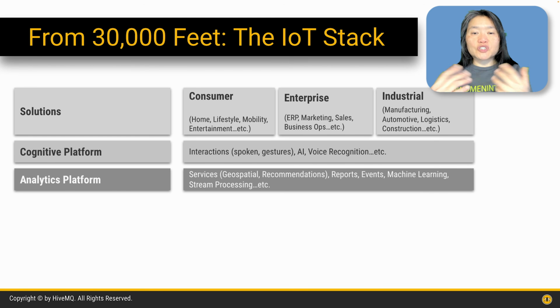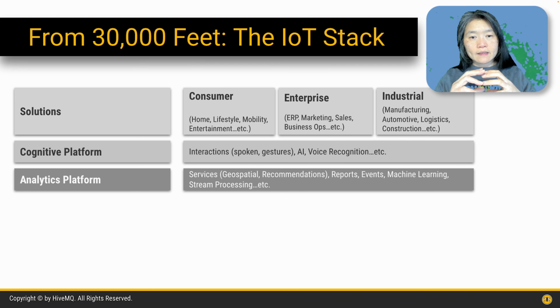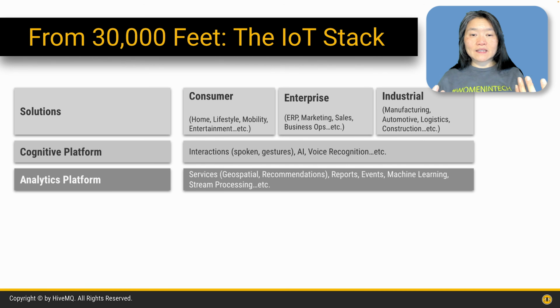So artificial intelligence comes into play, voice recognition, all of these are utilizing data that's generated by capturing data from IoT enabled devices. Then there's also the analytics platform, providing services of analyzing the data that's been collected: reports, events, stream processing, machine learning, all of these.